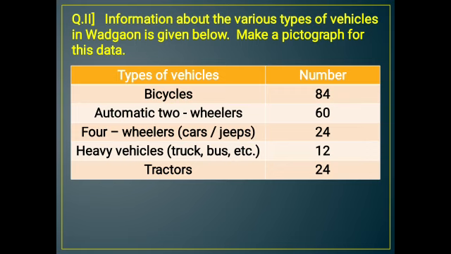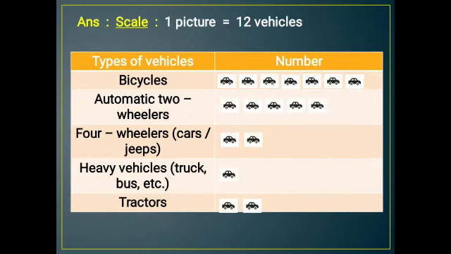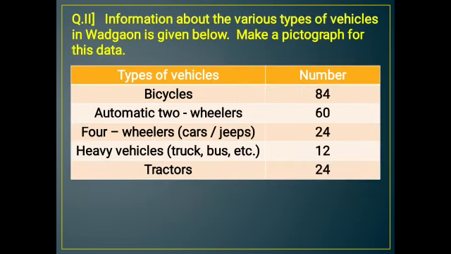So we have to draw the pictograph table. We'll draw the two columns. Here you can see which table these numbers go in. Yes, it goes in the 12 table.